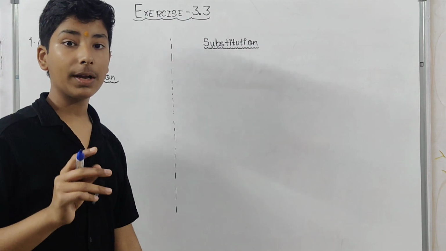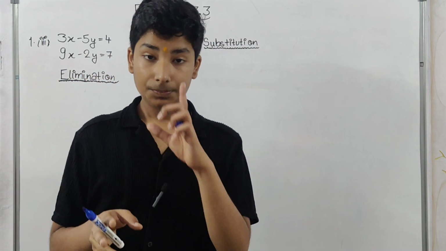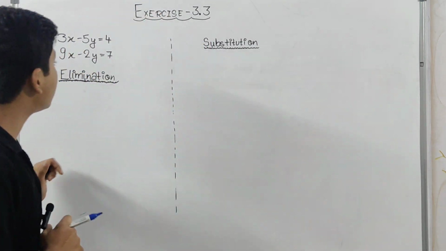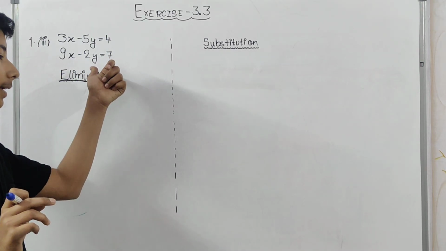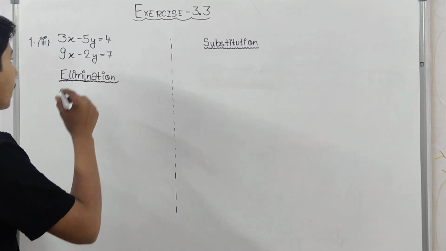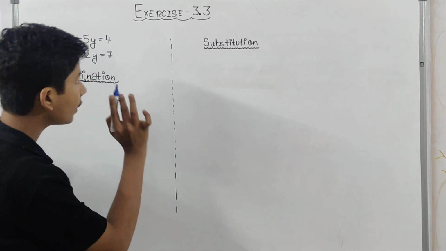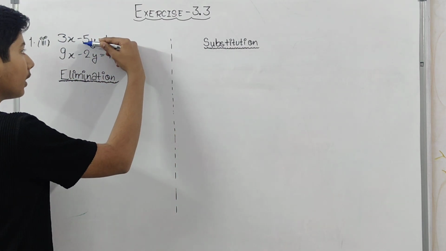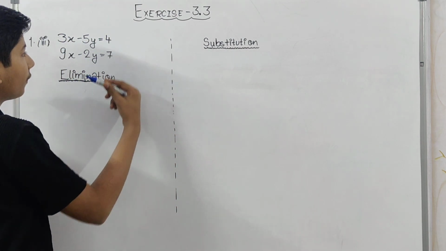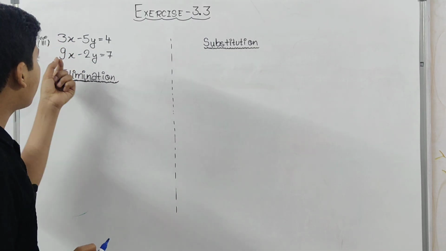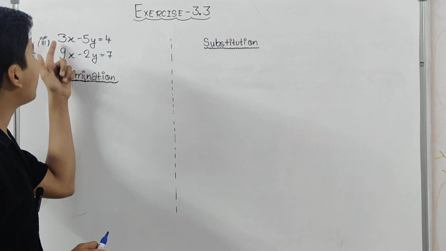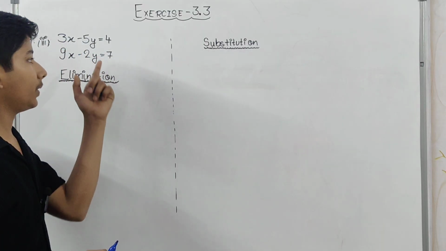So we have to find out any one in such a way that these get cancelled, and we have to make this question easier. So firstly, if I want to cancel out y, then there is a common multiple, which is 10. So we'll have to multiply this equation with 2 and this one with 5.